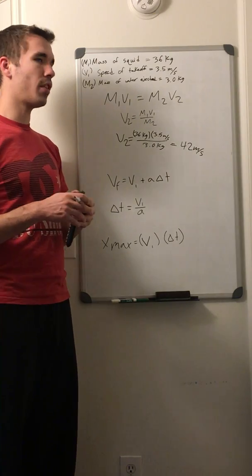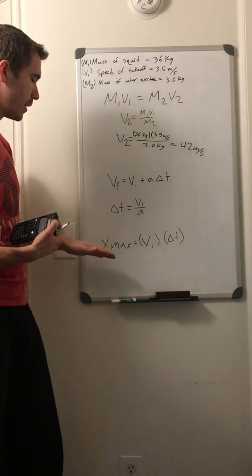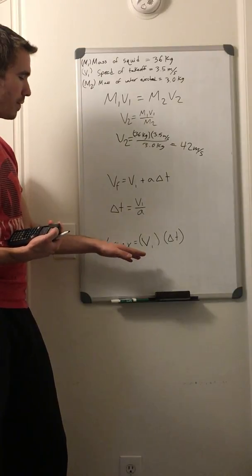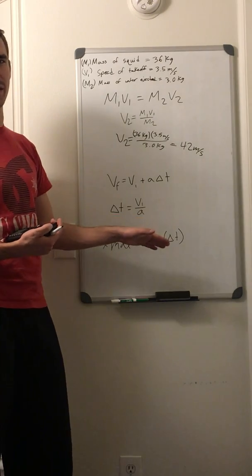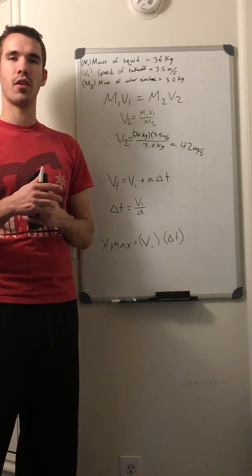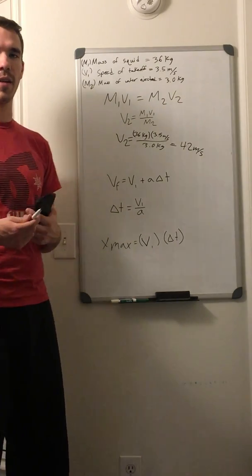To solve this, the final equation that we need to use is basically h max equals our initial velocity times the change in time. But because we're not provided the change in time in the problem itself, we need to solve for it.